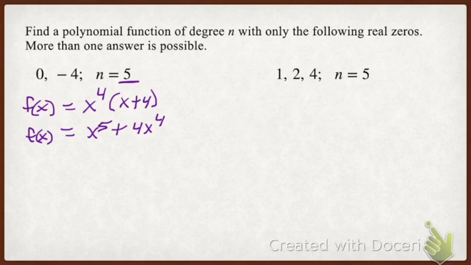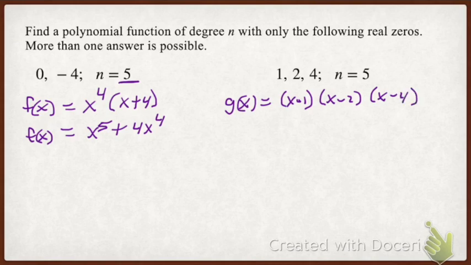The next one, we have 3 solutions, and we have an exponent of 5, a degree 5 polynomial. Same idea. I'll call this one g of x. And we just have to write these as factors. Remember, we're going to use opposite signs. So x minus 1 is a factor. x minus 2 is a factor. x minus 4 is a factor.